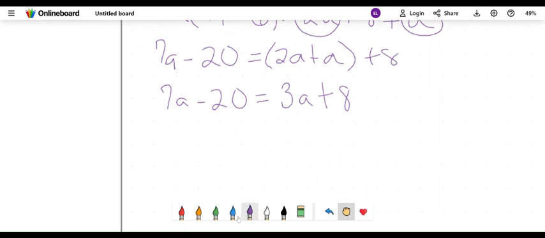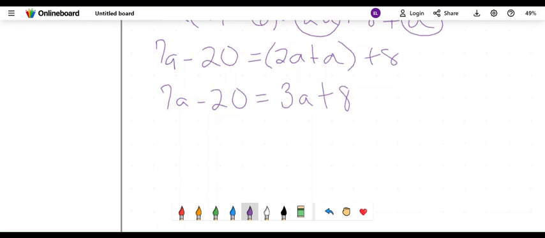Okay, so as usual, now let's isolate the variable using inverse operations. So we'll be subtracting the smallest number that has a variable, which is 3a.